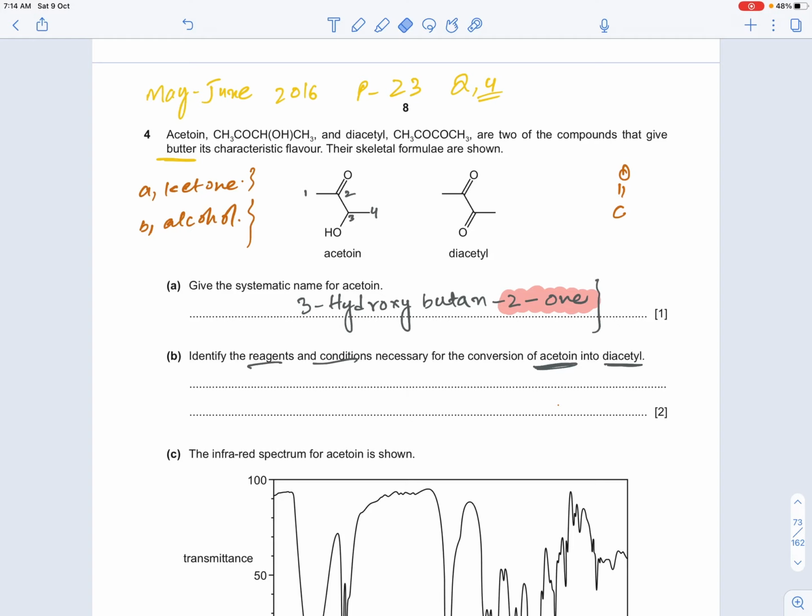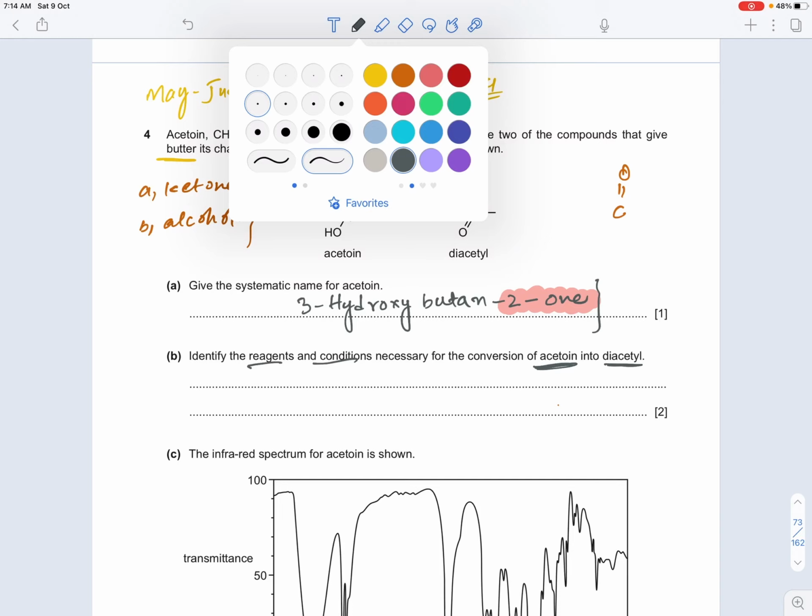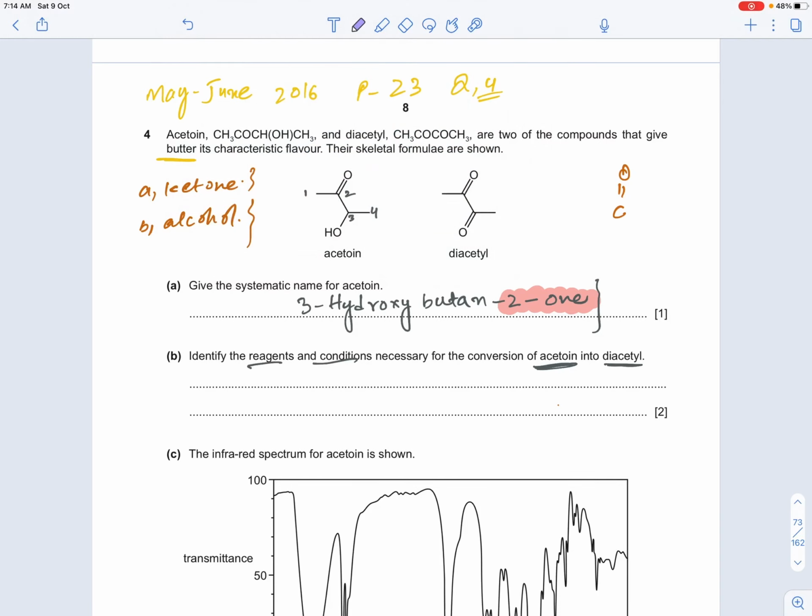Alright, so now we have to convert acetoin into diacetyl, and for that conversion they are asking about the reagent and conditions, that what conditions and what reagents will be used. So if you look at acetoin and diacetyl, if you look at their structures, everything is similar in these two structures.